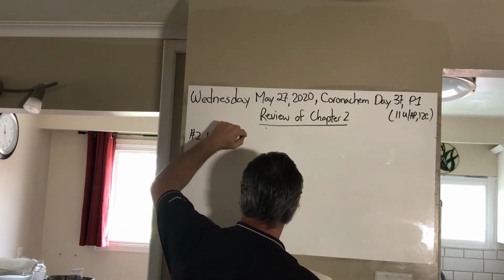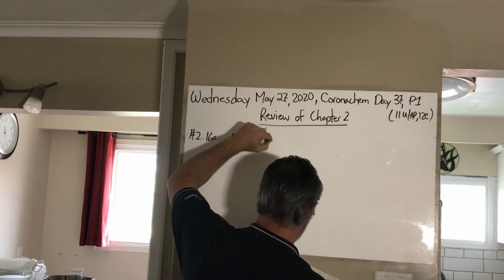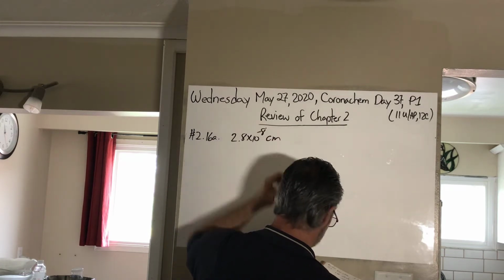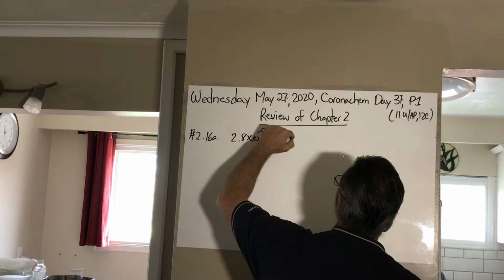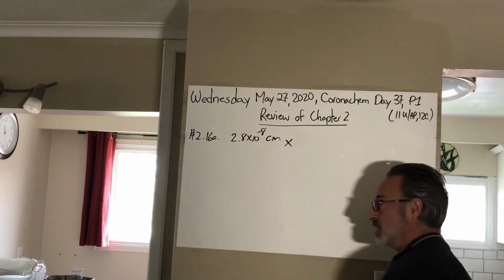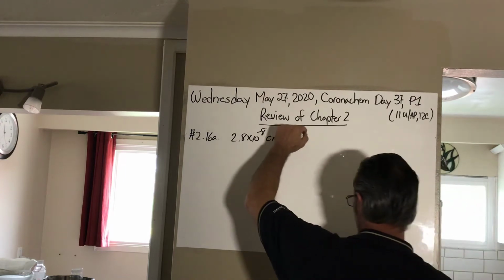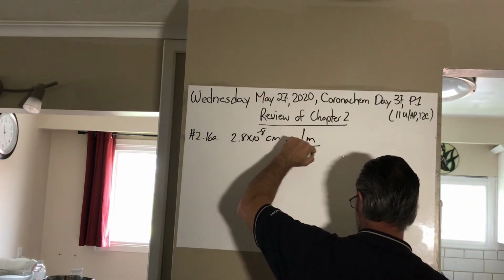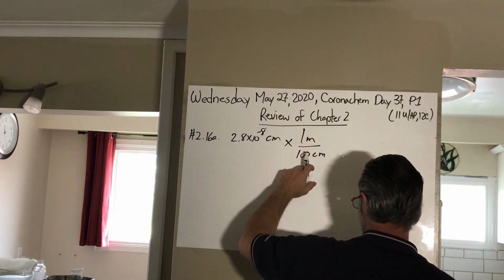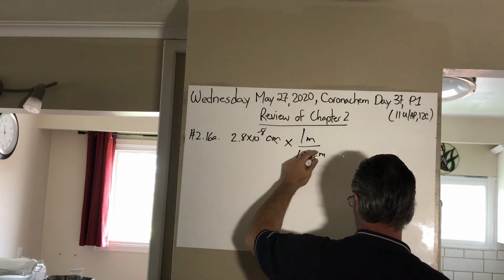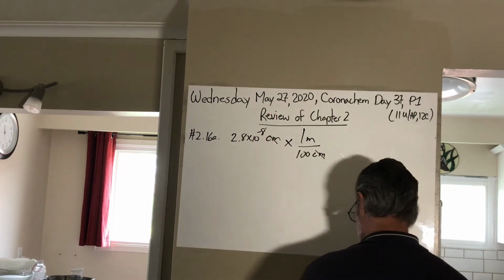So we'll start off with 2.8 times 10 to the negative 8 centimeters. And we're going to convert that to meters by using the conversion factor between centimeters and meters. It's 100 to 1. There is 1 meter for every 100 centimeters. You notice I put 100 centimeters in the denominator so that I can cancel centimeters.